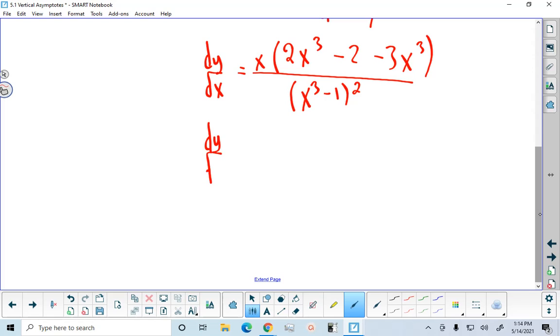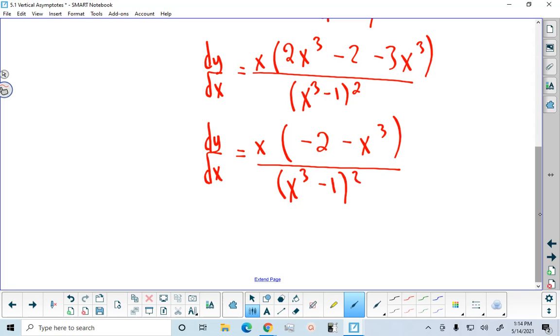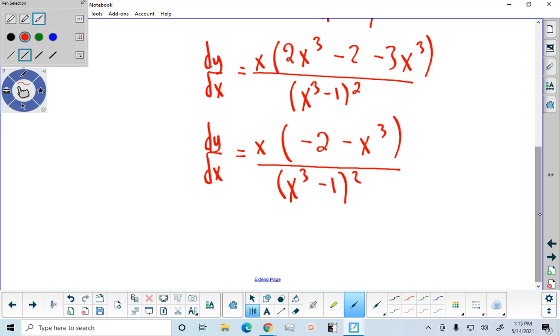which means dy dx is equal to x times, I wanted to take out a negative right here, but I'm not going to. We'll worry about that in a second. So 2x cubed minus 3x cubed, I'll just highlight what I'm thinking here. 2x cubed minus 3x cubed gives you negative x cubed.